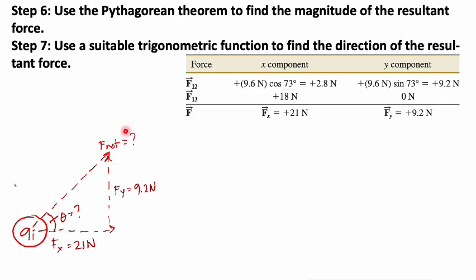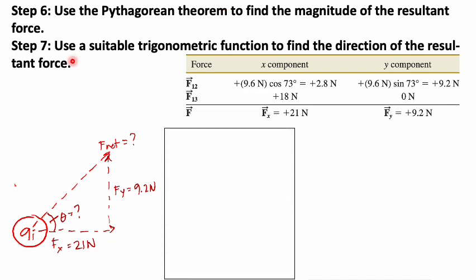So, let's begin with the magnitude using the Pythagorean theorem. We can write the resultant force squared is equal to the x component of the force squared plus the y component of the resultant force squared. So, rewrite it. To get the resultant force, we will have the square root of Fx squared plus Fy squared.